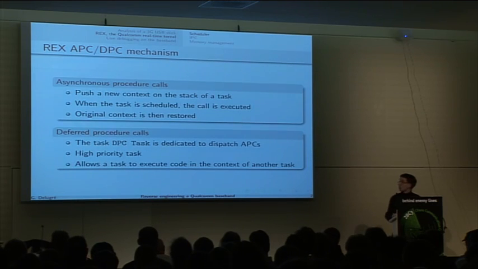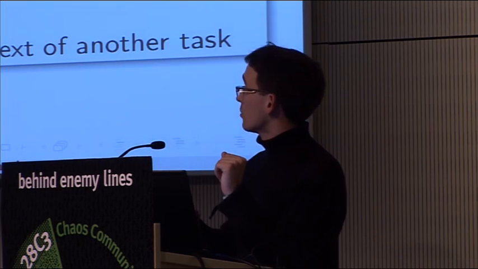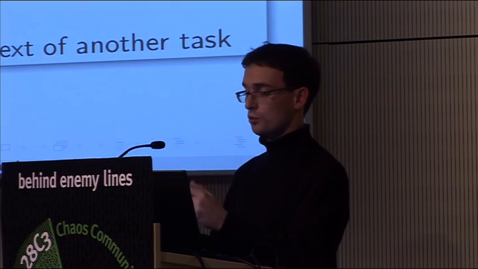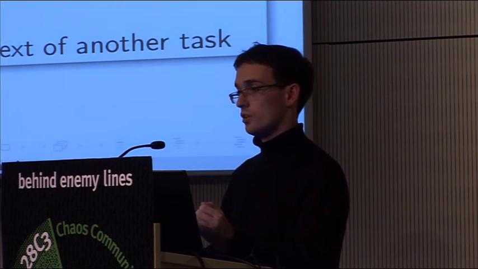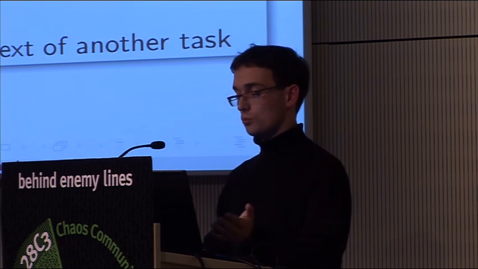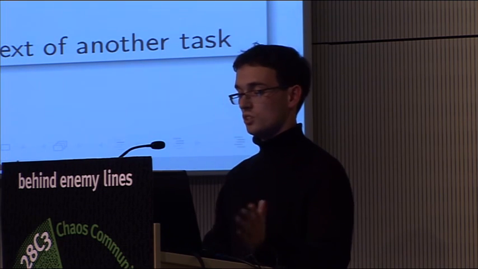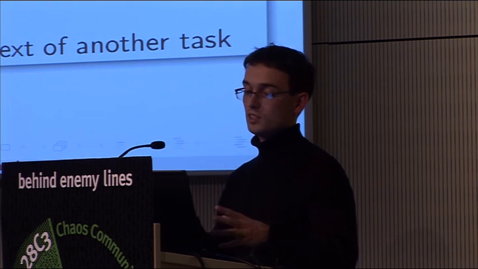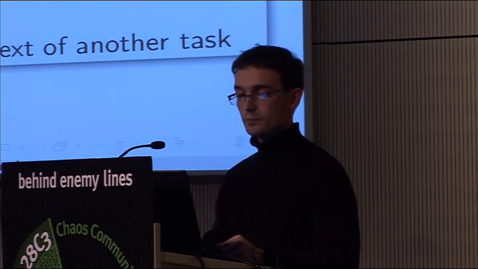An asynchronous procedure call is just pushing a new context on the stack of a task, and when the task is resuming, because it was in a wait state, for example, it will execute the call and then resume its original execution. So you've got a task dedicated to APCs, which is a DPC task with a high priority, and it allows a task to execute some code in the context of another task.